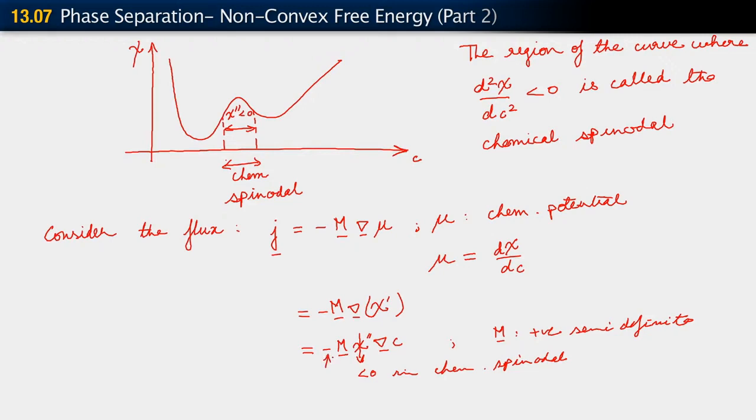As a result, J becomes proportional to gradient of c. Something like this happens.